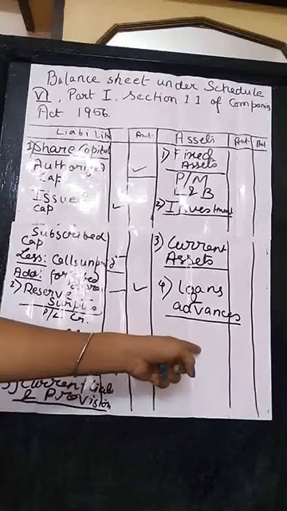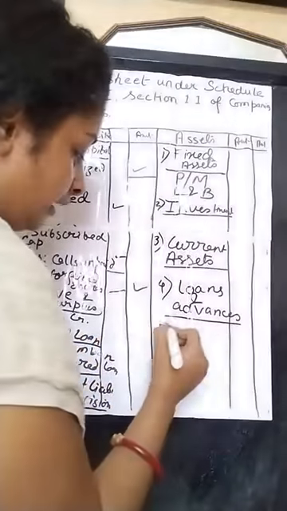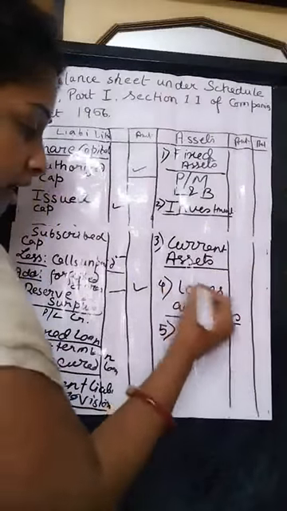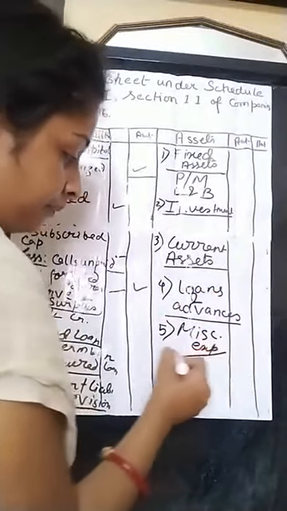Okay. Now we come to the next heading, that is miscellaneous expenditure. After loans and advances, the miscellaneous expenditure heading will come.